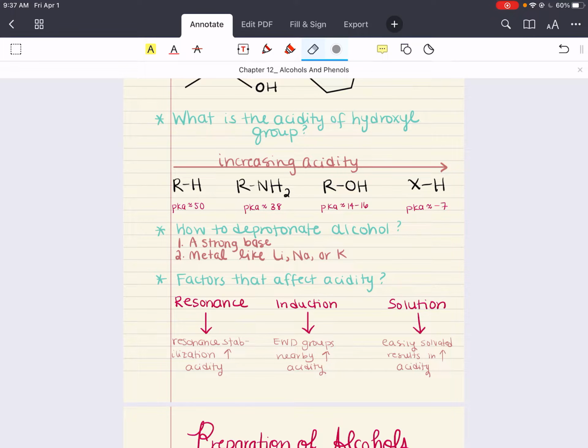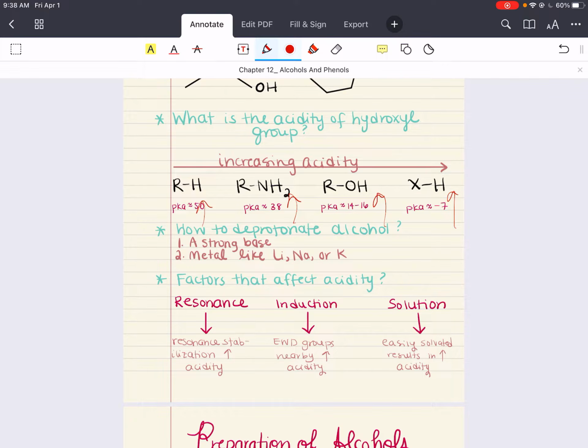And if you remember, we determine acidity by evaluating the conjugate base. So if we take all of these functional groups here, alkane, amine group, alcohol, and alkyl halides, and we deprotonate these molecules to obtain their conjugate bases, the most stable molecules, the molecules that can stabilize that negative charge better after deprotonation, when they are protonated back again, make for stronger acids.